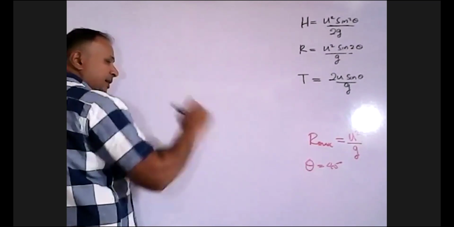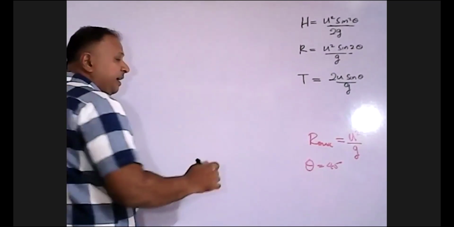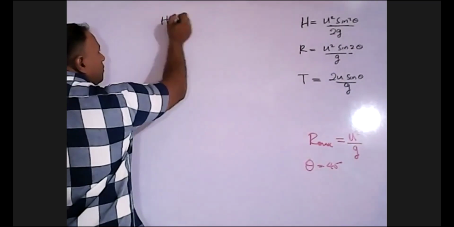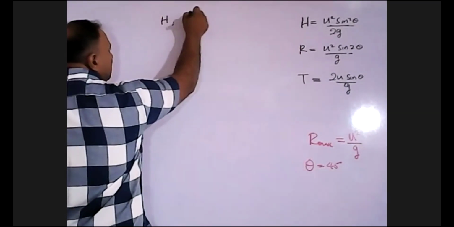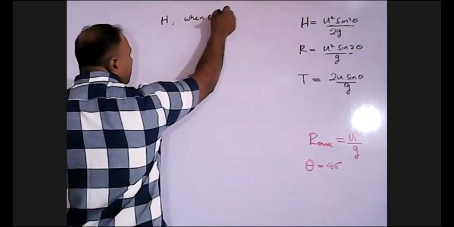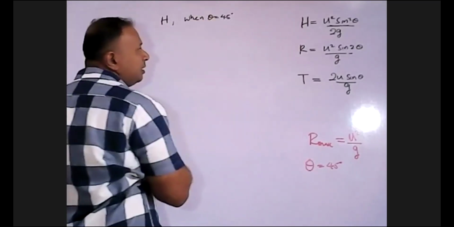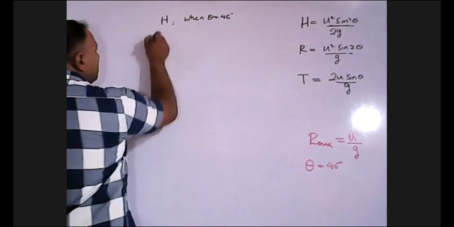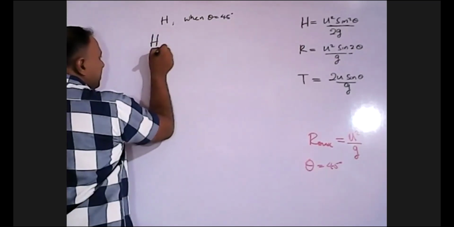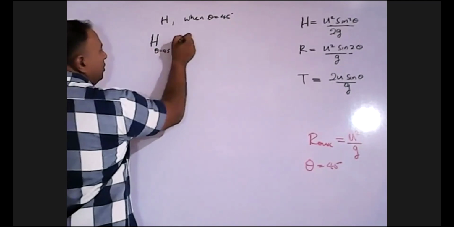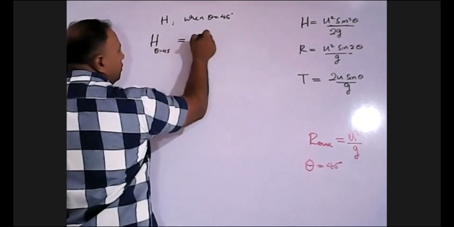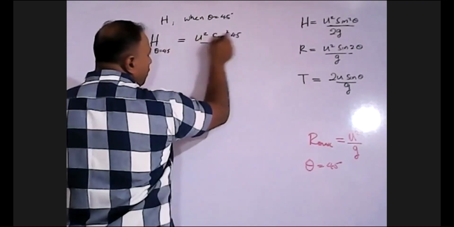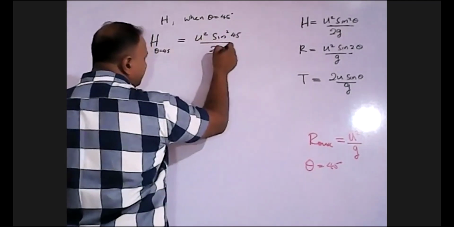That means you can find the height h when theta is equal to 45 degrees. If we apply 45 degrees to the h equation, h is equal to u squared sin squared 45 over 2g.